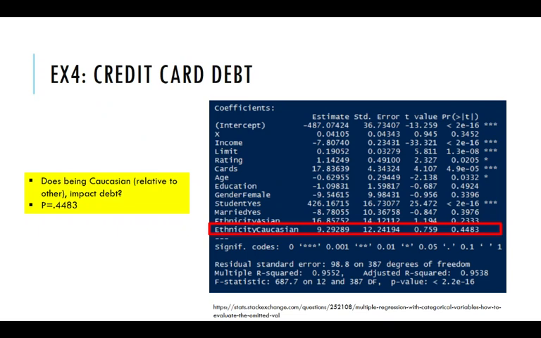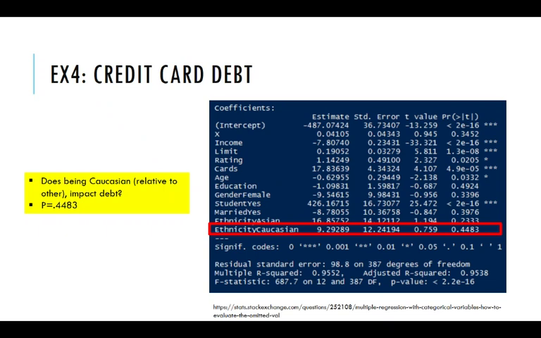Now, does being Caucasian relative to the omitted category impact debt? Again, the answer is no. If you look at the p-value of 0.4483, you see that we can't be very confident at all here.